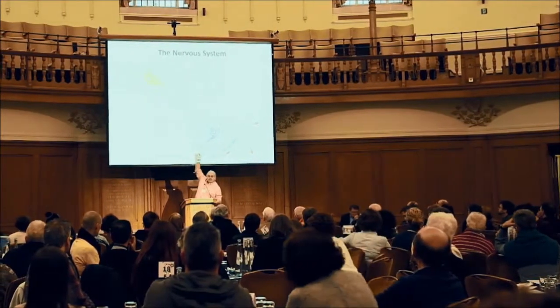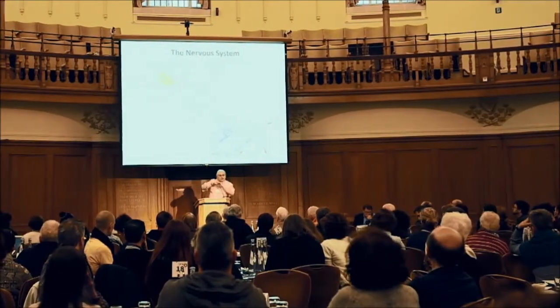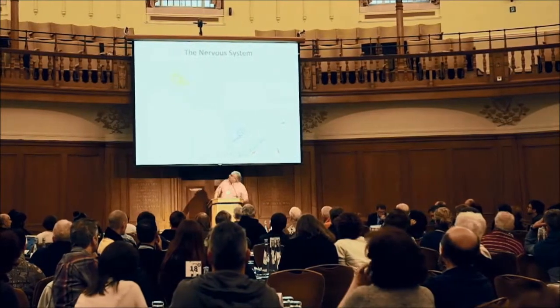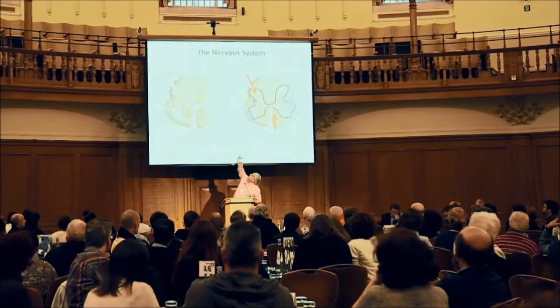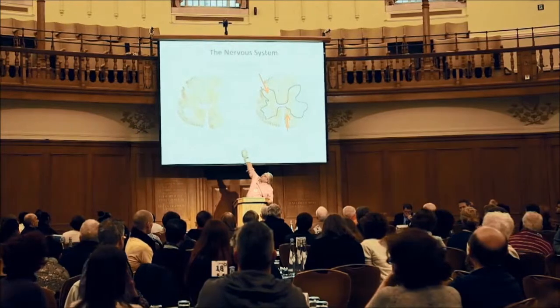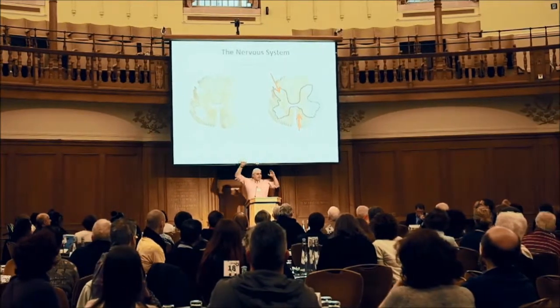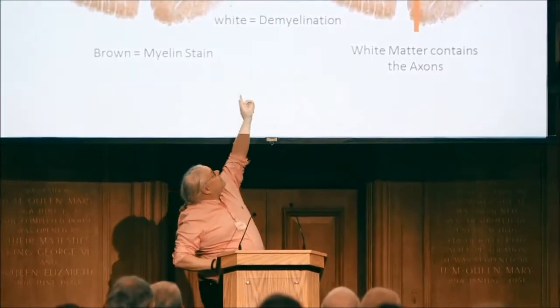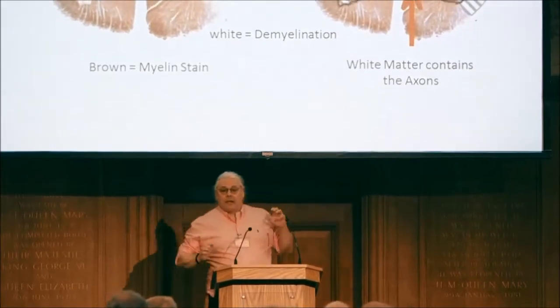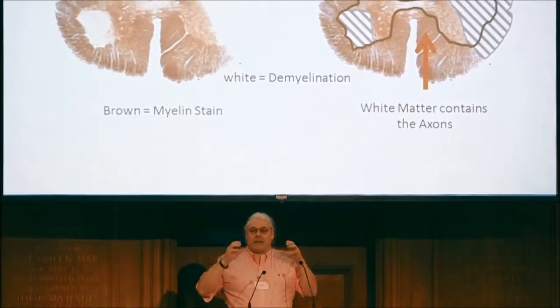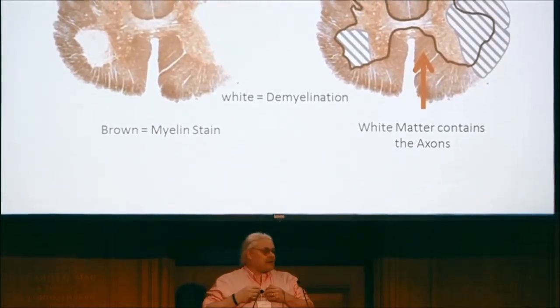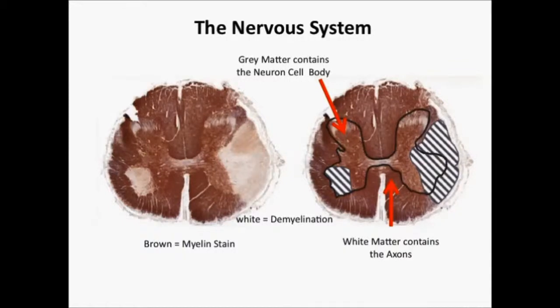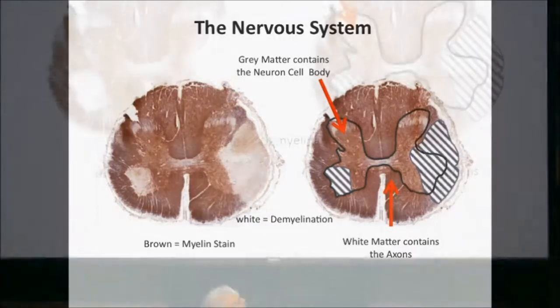It stops making myelin, and that causes what we call demyelination. That can be seen in this slide here. The brown stain is myelin, and you can see areas of white. That is where the myelin has been lost because the oligodendrocytes have been attacked, and that causes the problems of multiple sclerosis.